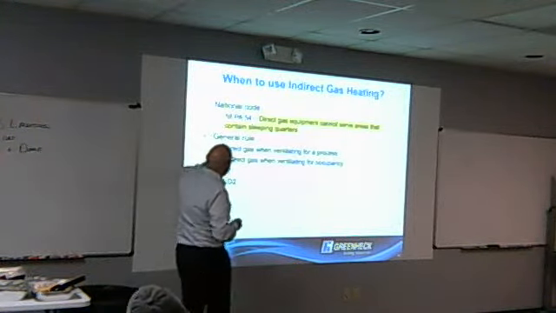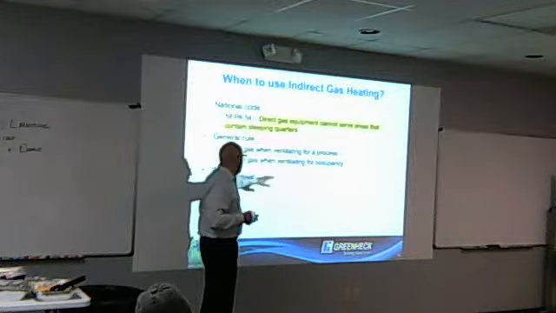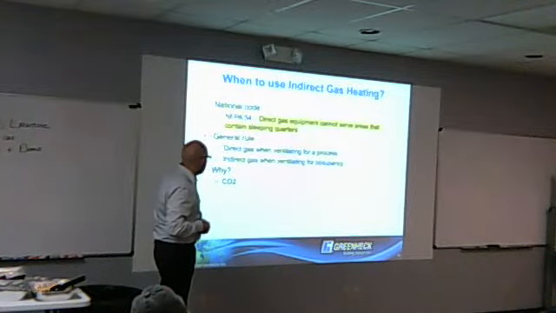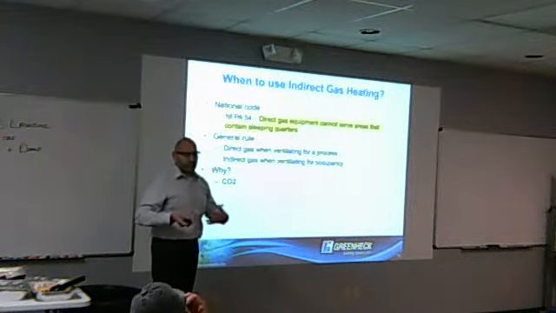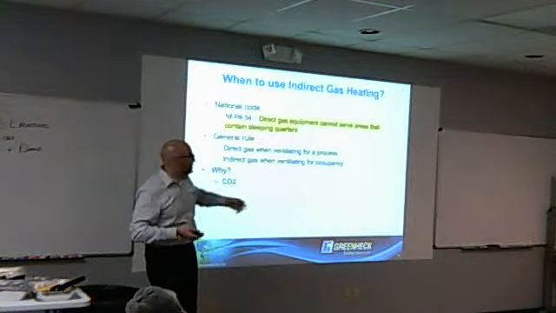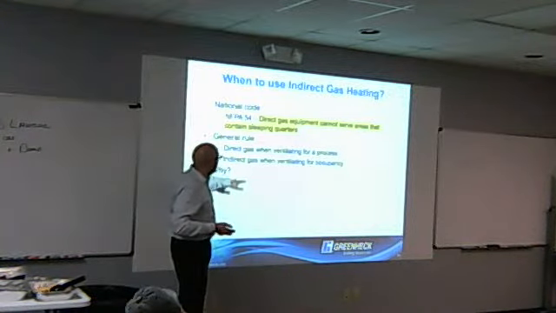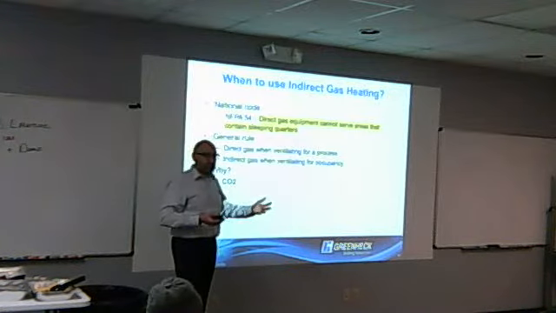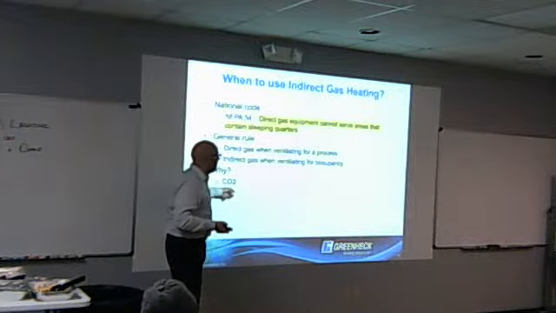So the general rule: direct gas when ventilating for a process, indirect gas when ventilating for occupants. The CO2 would be another component where you could have a buildup. In addition to the CO if you have a malfunction, normal combustion gives you CO2 and water vapor, and you could have a buildup of this.